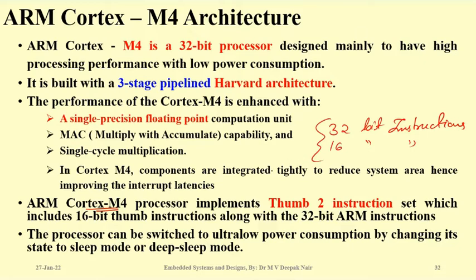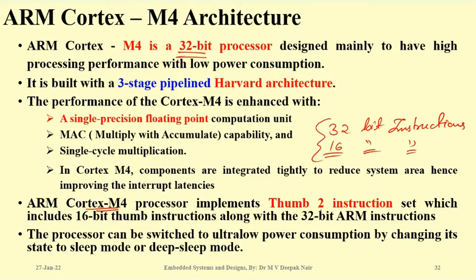It is not that because it has a 32-bit processor, it will only support 32-bit instructions. No, it also supports the 16-bit instructions which were used previously in any other ARM microcontroller. So it supports both 32 and 16-bit instructions.